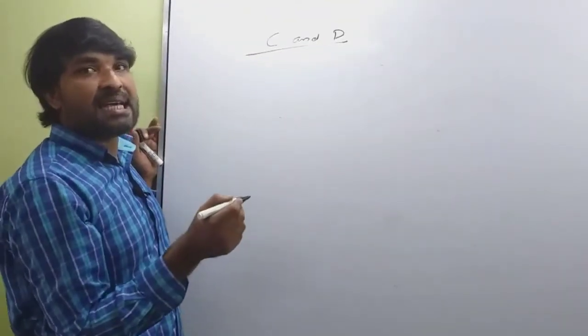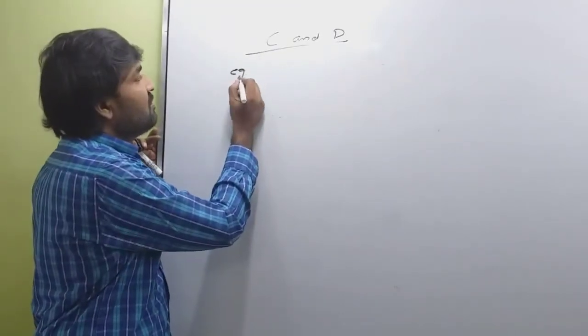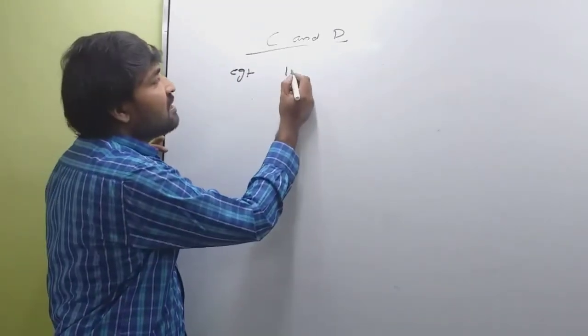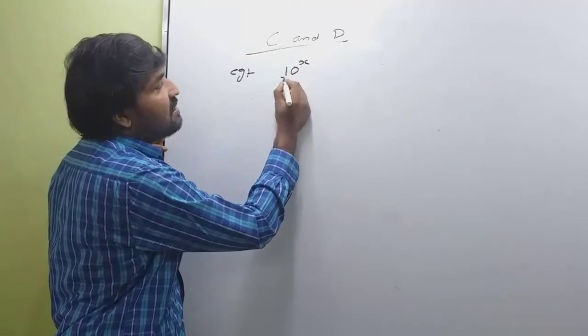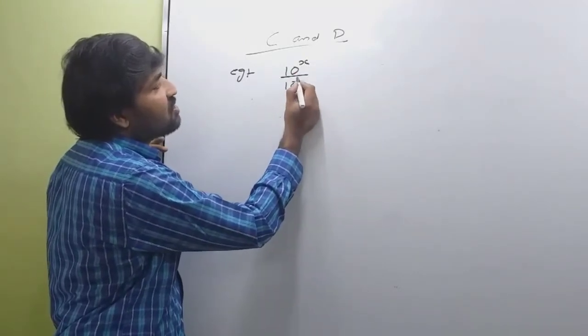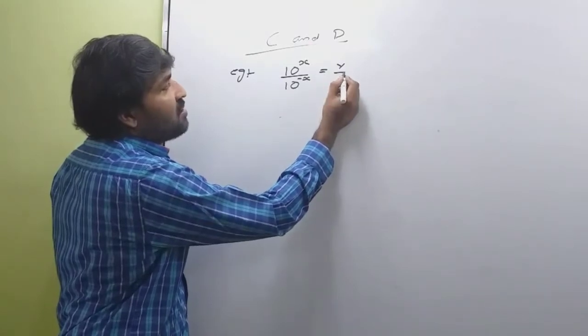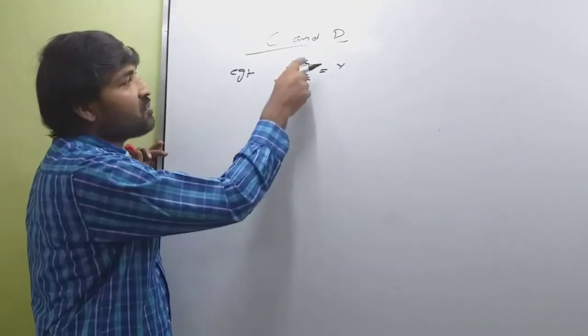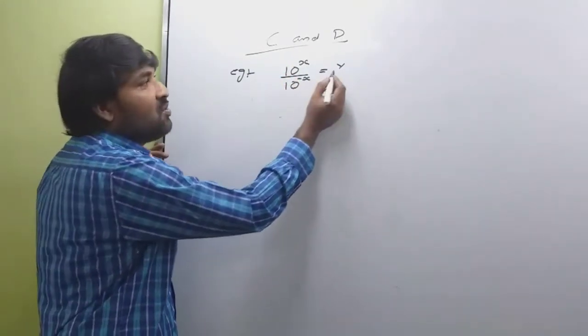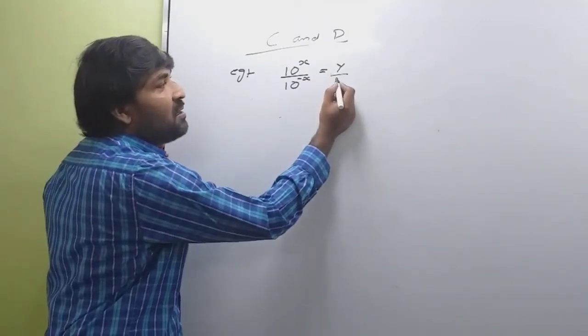Consider an example. If 10 raised to x divided by 10 raised to minus x is equal to y, you can write 10 raised to x divided by 10 raised to minus x equal to y divided by 1.